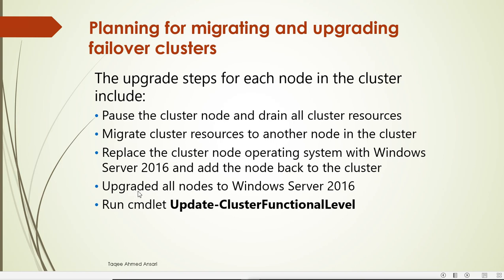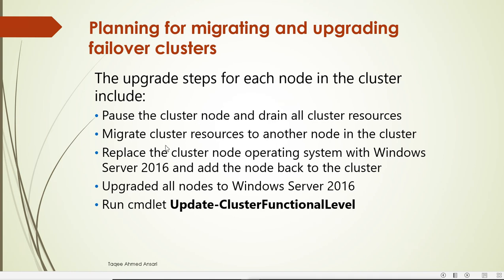Now, after upgrading all nodes to Windows Server 2016, run the command line Update-ClusterFunctionalLevel to increase the functional level of the cluster. So if we are using an old version of server, like Server 2012, and the cluster is already configured, and we want to upgrade it to Server 2016, these are the steps we do.